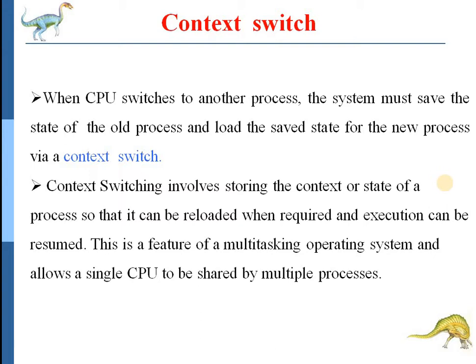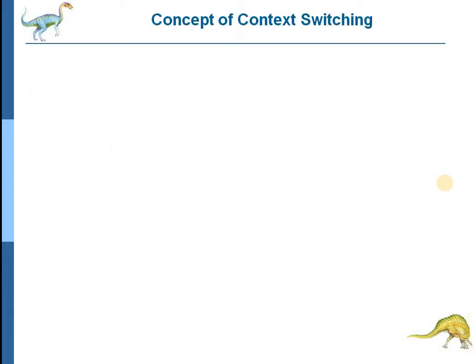In short, a context switch is when the CPU switches from one process to another. At that time, the system must save the information of the old process and load the saved state for the new process for further execution. We will see an example of context switch.